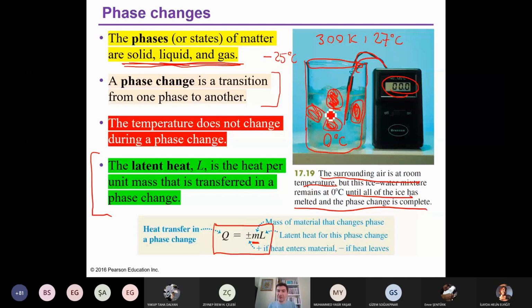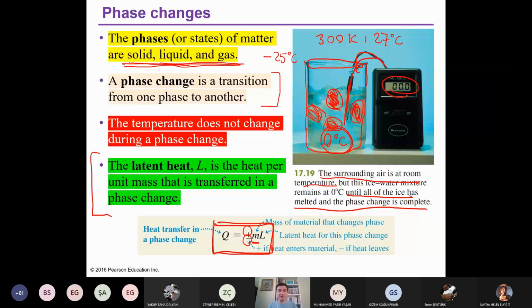And during this phase change, temperature does not change. It stays at 0 degrees Celsius, okay? So, of course, during this phase change, you have to give heat to the system. If you are adding heat, then it is given with a plus sign. If you are taking heat from the system, it is given with a negative sign.